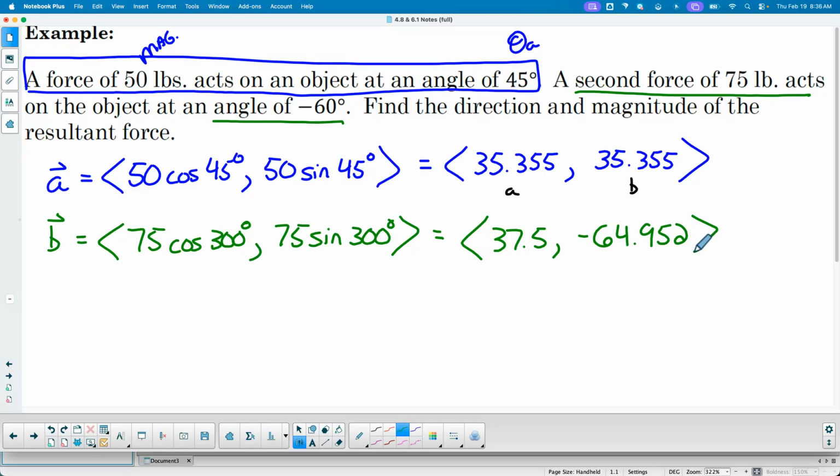Which one do you want to find first? Magnitude or direction? Actually, what do we have to find first? What is the resultant vector going to be?